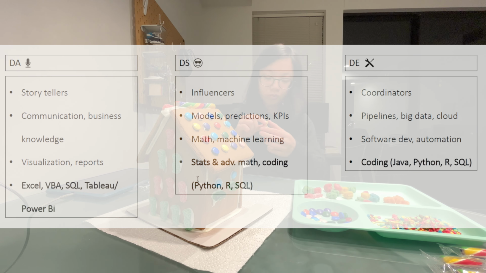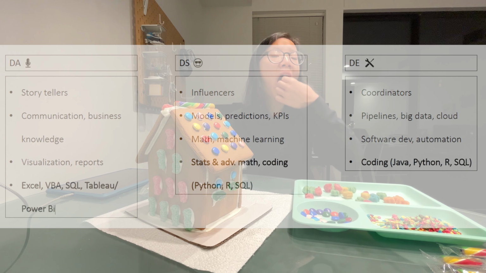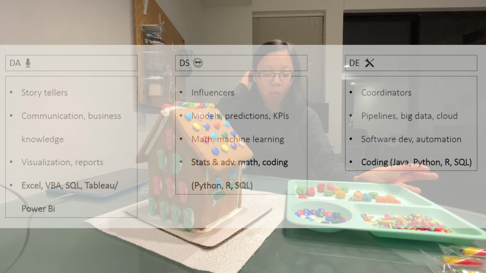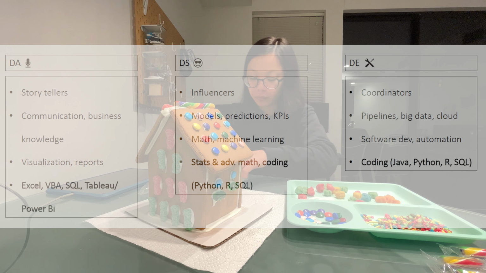And for data scientists, again, they need to know statistics and advanced math, and they need to know coding. Python is really good for machine learning. R is specifically for statistics, and SQL, again, you're talking to the database. SQL is just kind of unavoidable if you want to get into data, no matter what role you're in.